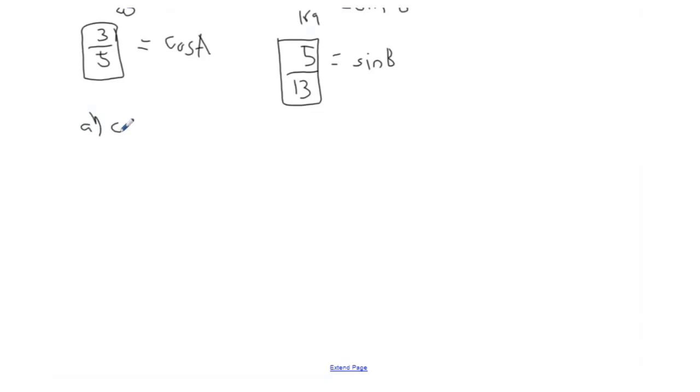Part A, cos(A+B) equals cos A cos B minus sine A sine B equals, and then we just put them all in. So cos A, we said, was 3/5.